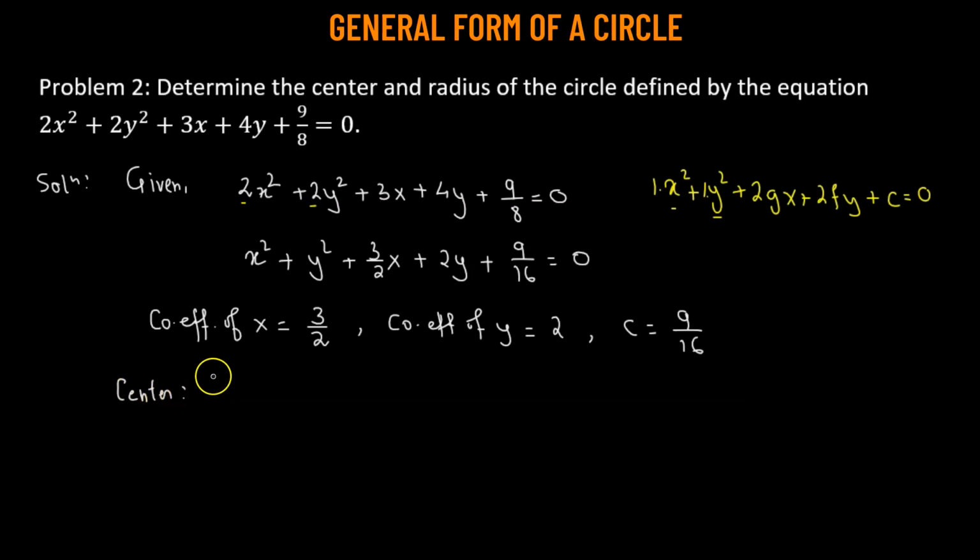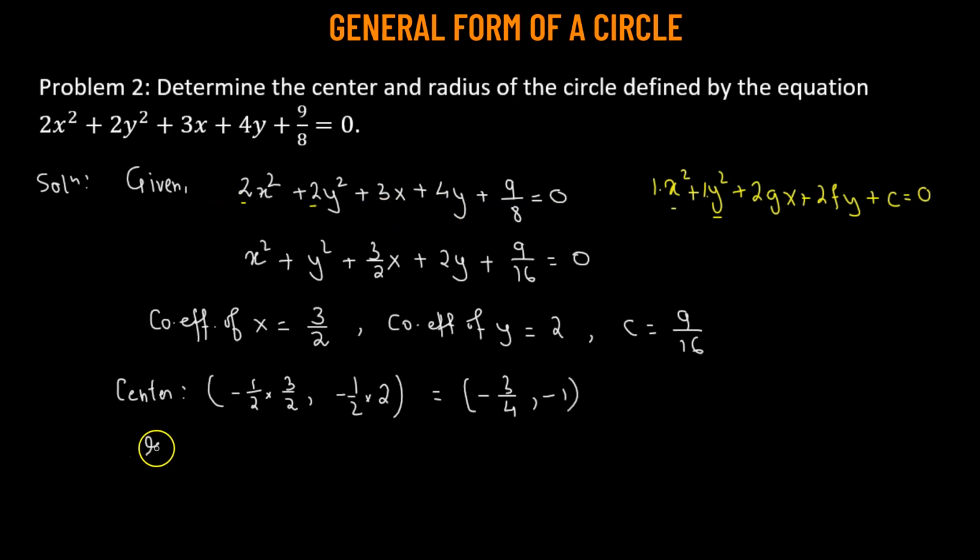To find the center, all we have to do is multiply the coefficient of x by negative half. So we have negative half multiplied by 3 over 2, and the y coordinate will be negative half multiplied by the coefficient of y, which is positive 2. So let's solve it. This comes out as (-3/4, -1). So this is going to be the coordinate of the center of the given circle.